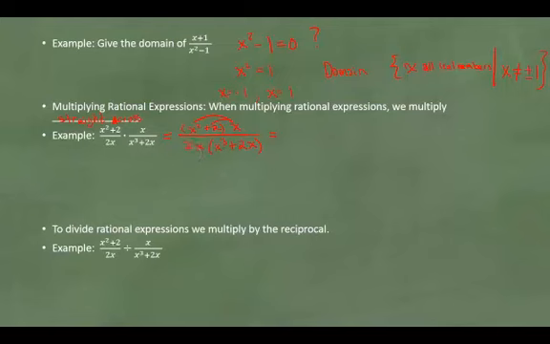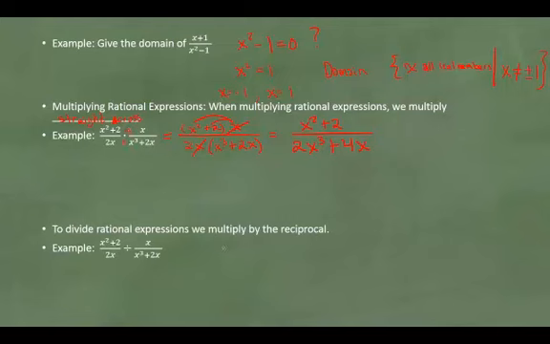We could cancel out the x with this x, so that really all we have left is x squared plus 2. And here we just have to multiply the 2 times the x cubed and the 2 times the 2x to give us 2x cubed plus 4x. Right. Could do a couple things here, but we really just want to focus on the fact that when we multiply rational expressions, we multiply straight across.